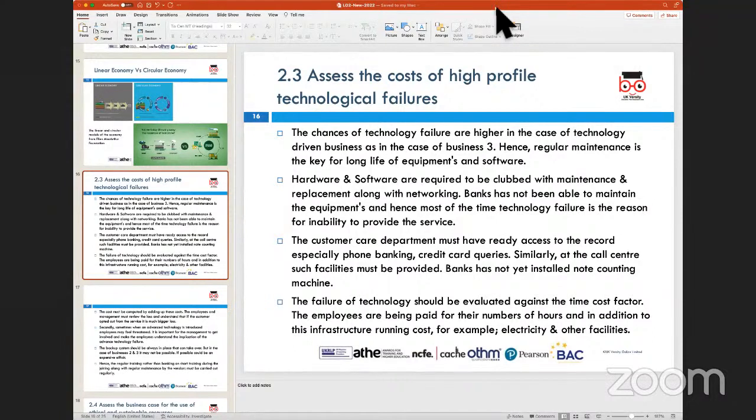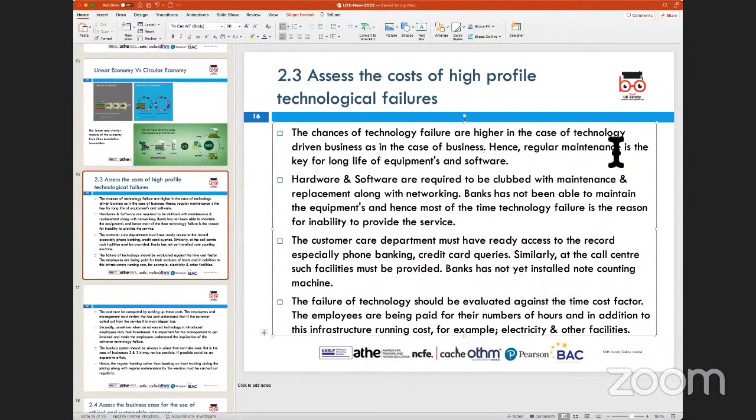So similarly, when you look at places where technology is being used to deliver products, goods, and services to consumers, if the technology fails, then there will be a repercussion in the sense that services would be affected.